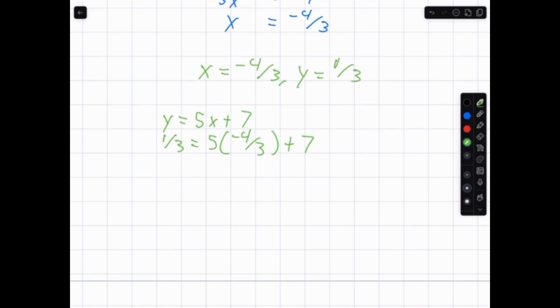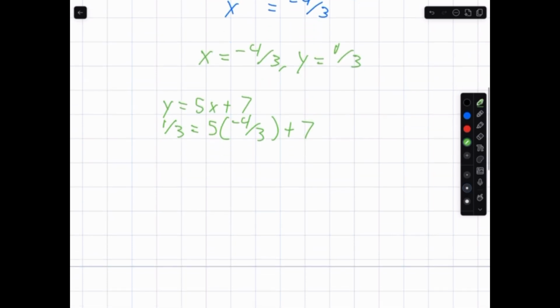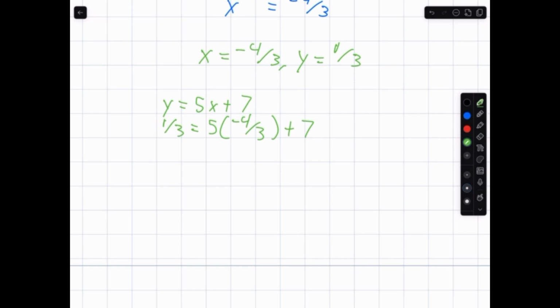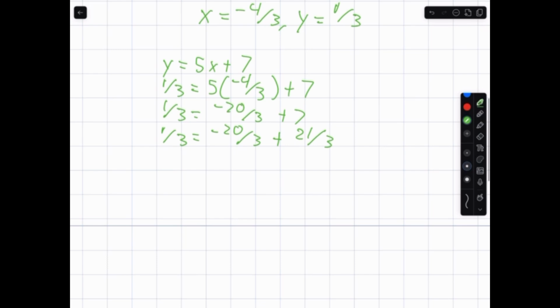If these work out and are equivalent, then we know that we found the intersection point, because this value of x and y exists on both linear lines. Then we say 1 over 3 is equal to negative 20 over 3 plus 7, which is 1 over 3 is equal to negative 20 over 3 plus 21 over 3, since 7 is equal to 21 over 3.